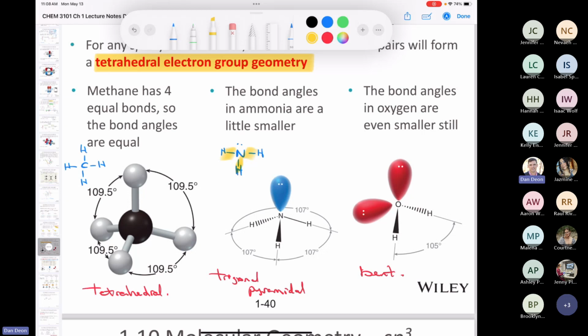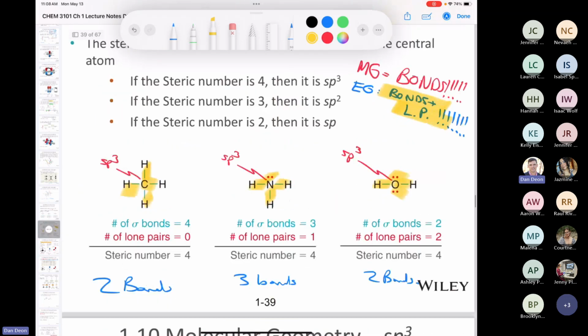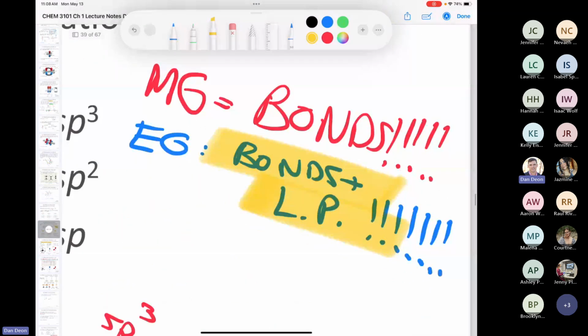So it's trigonal pyramidal. And then in water, the oxygen in water, yes, it's got 2 bonds and 2 lone pairs, but it's bent, okay? Why? Because we only consider the bonds. It's got two bonds. Give me a thumbs up if you see the difference between molecular geometry and electron geometry.